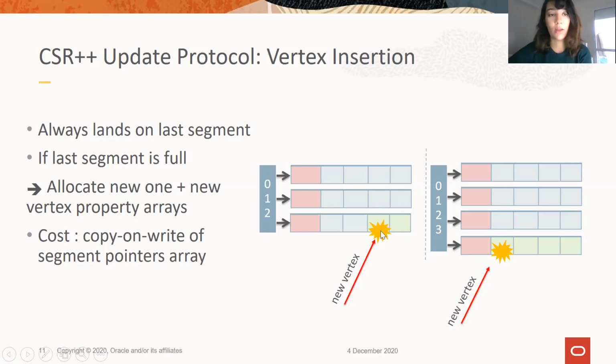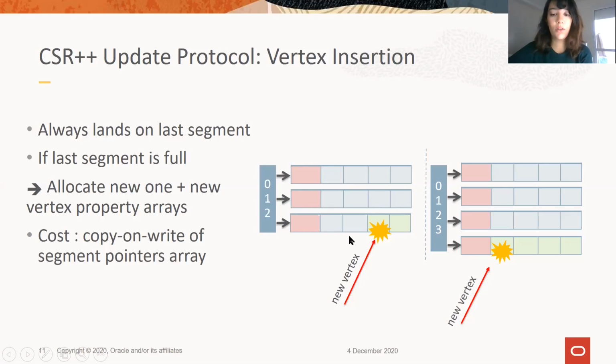Initially the length and the degree of the vertex is -1. That's how we know that the vertex is invalid. So we check the last segment and see if we have enough space, and if we do, we find the first invalid vertex and make it valid by incrementing the degree of that vertex.